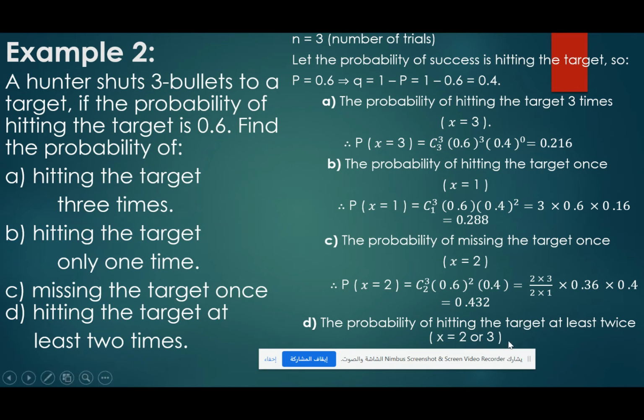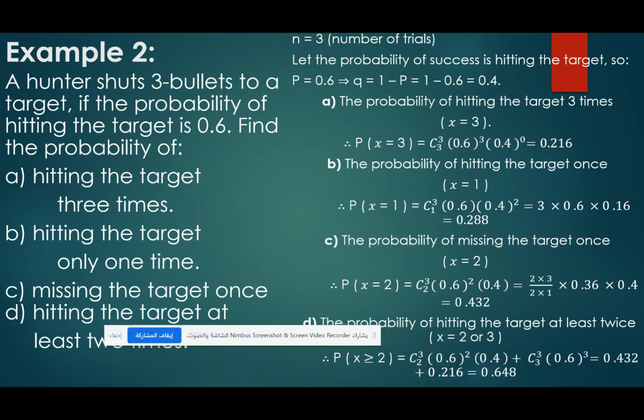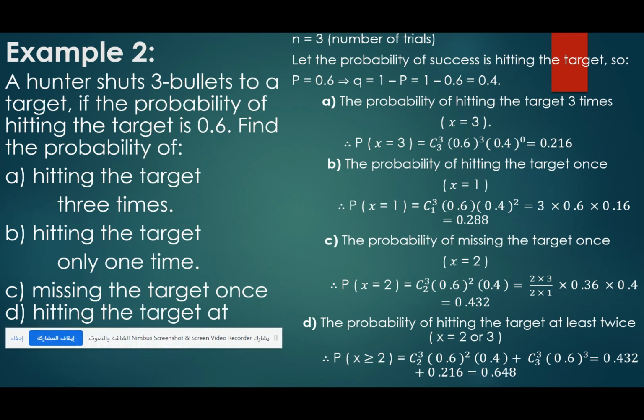Now, in the last, we need to find the probability of hitting the target at least twice. That means 2 and 3, because finally we have 3 times. In that case, you are going to do 2 or 3, and "or" means a plus between them. So you're going to use the rule 2 times. Here, 3 combination 2, then 0.6 to the power of 2, which is the value of x, and then 0.4 to the power of 1, which is the difference between 3 and 2.